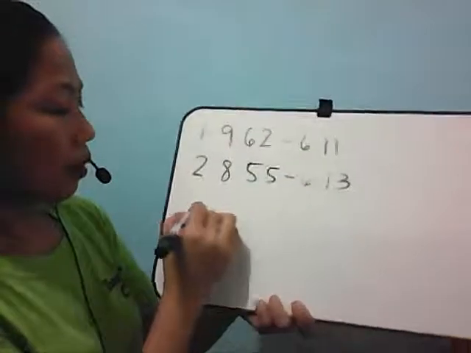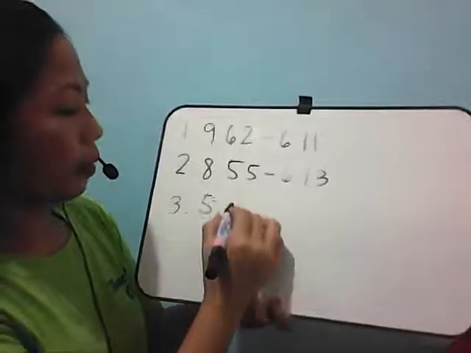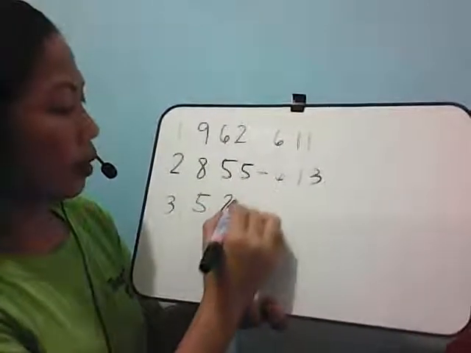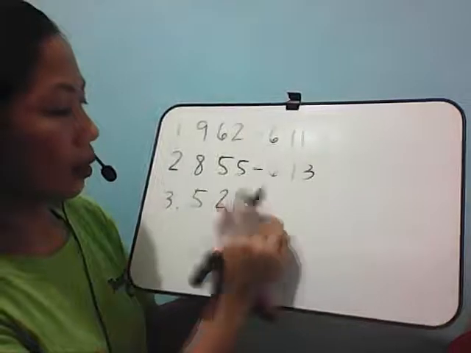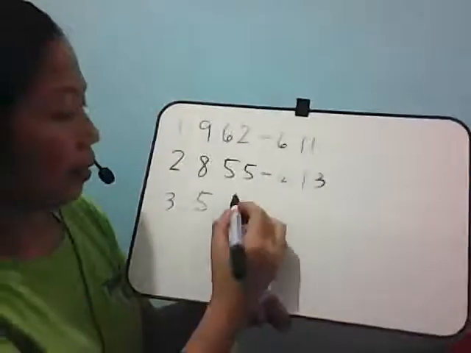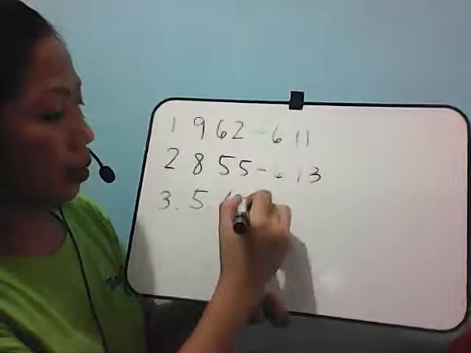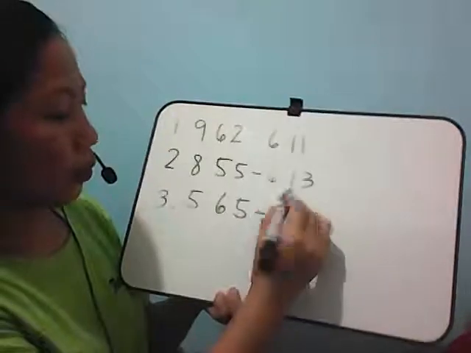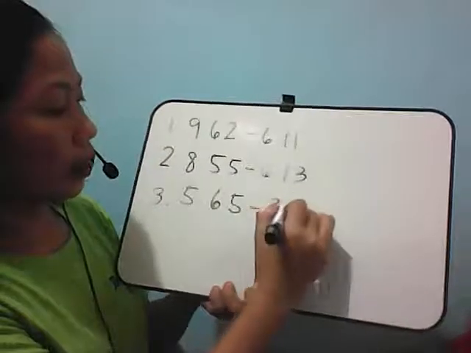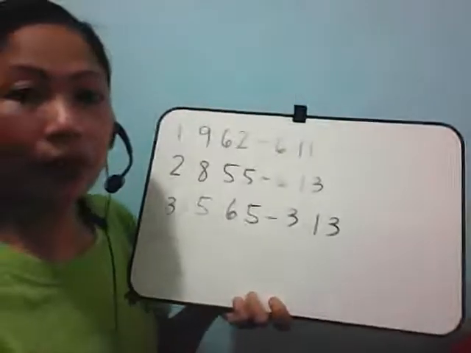And number 3 is 5.21, or we can rewrite this as 5 and 65 hundredths minus 3.13.